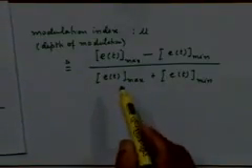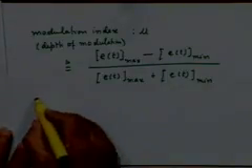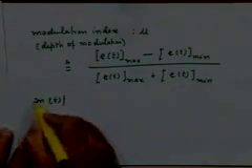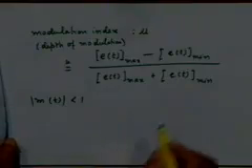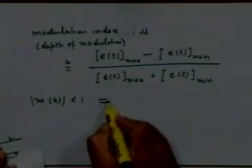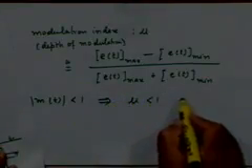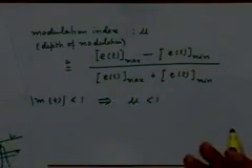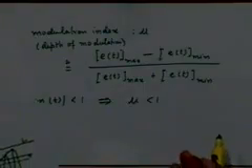Clearly, if your condition mod of m(t) less than 1 is satisfied, this ratio will always imply that mu is less than 1. Sometimes we express it in percentage, particularly when we refer to depth of modulation. If it is 1, we call it 100% modulation. If it is less than 1, we just multiply it by 100. So a modulation index of 0.7 would also be 70% depth of modulation.